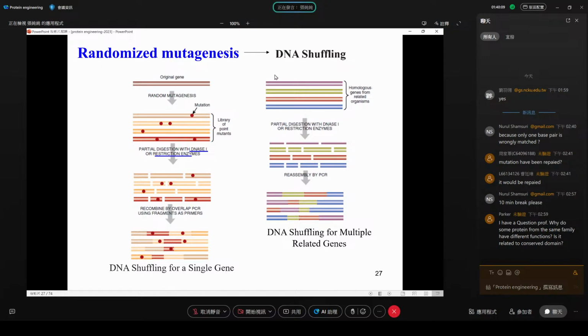Basically, you cannot initially predict what kind of protein you will get after DNA shuffling or error-prone PCR. You only have to rely on sequencing to know the final outcome. But before you do any sequencing, you want to make sure which one is better, right? So you need a very efficient way for screening or selection.